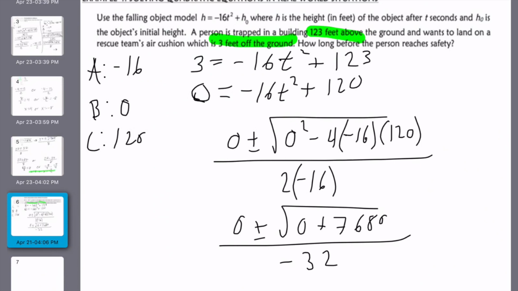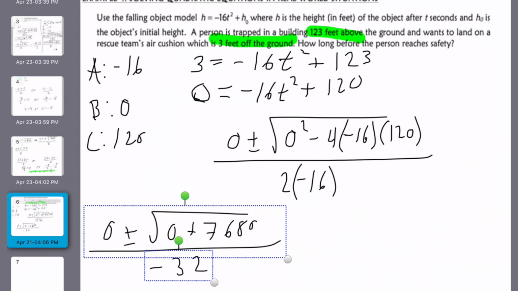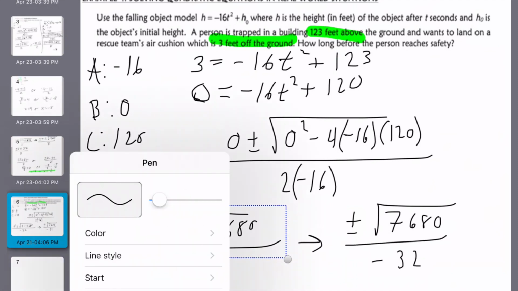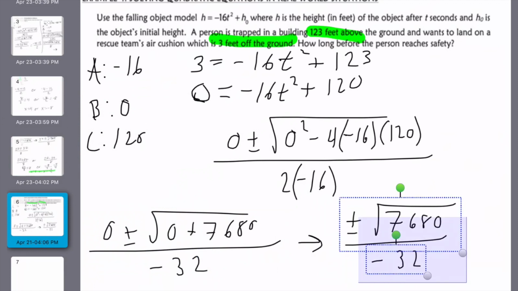So let me just move this over to the left here. This ultimately becomes rewritten to be plus or minus the square root of 7,680 over negative 32. So that's not my final answer yet.